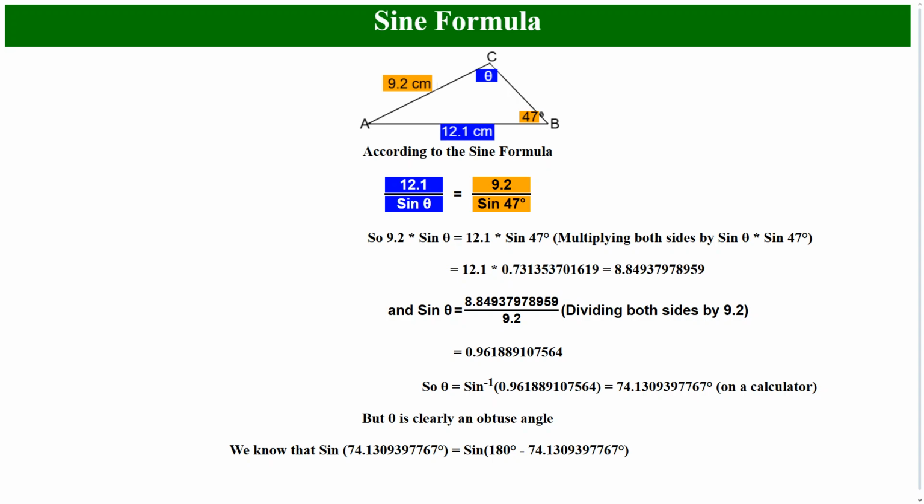And I have another video on this showing the sine, cosine, and tangent of angles that are bigger than 90 degrees. And so here, clearly, theta is bigger than 90 degrees. So the angle we want is, in fact, this 180 minus 74.13 degrees. And that is 105.9 degrees. So that's the answer in this case.